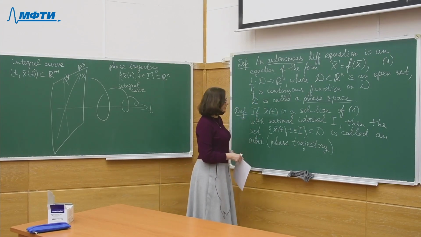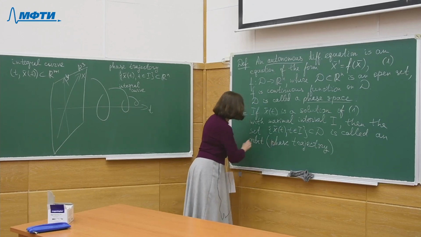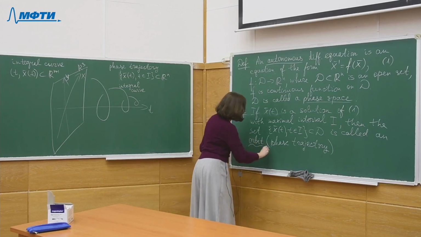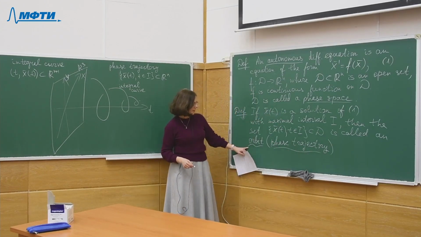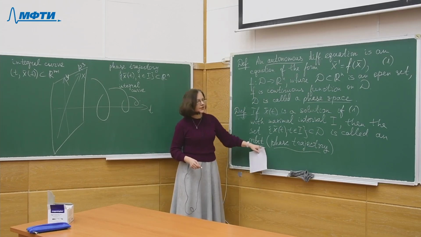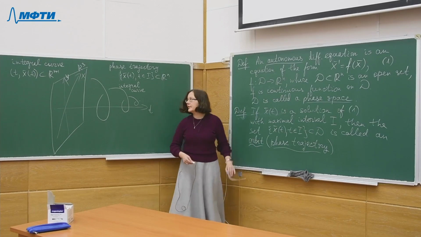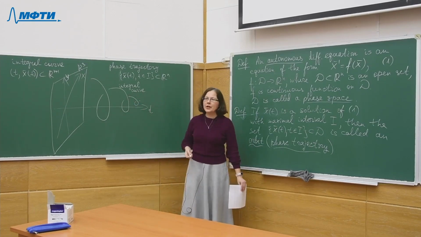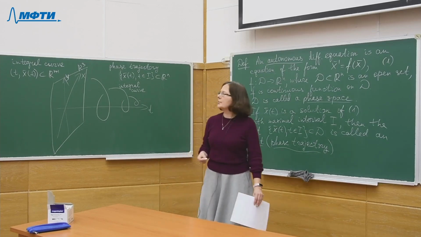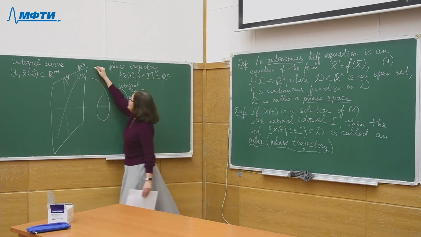And in this definition, I define an orbit or phase trajectory, which is the same. So these are two same things: orbit or phase trajectory. And I'm trying to compare the notion of an integral curve, which was studied before, and the notion of a phase trajectory.